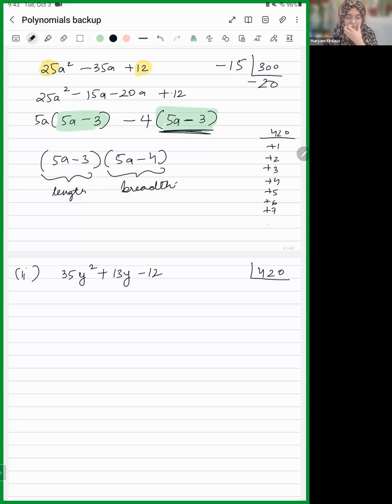How about 8? 8 fives are 40. No, not 8. Then plus minus, not even 9. Then 10. That's a long list of factors of 420. Make a list of the factors. Let's see who gets it first.